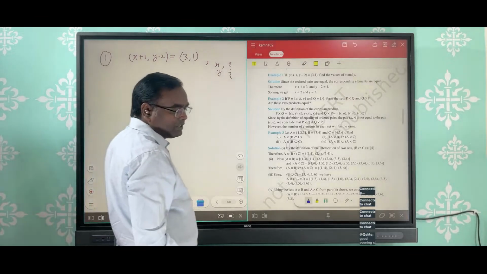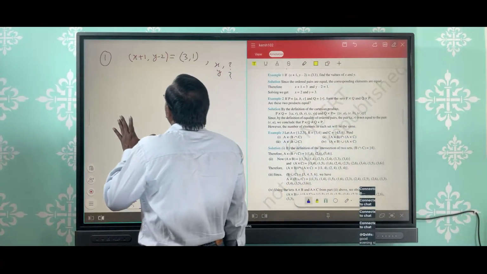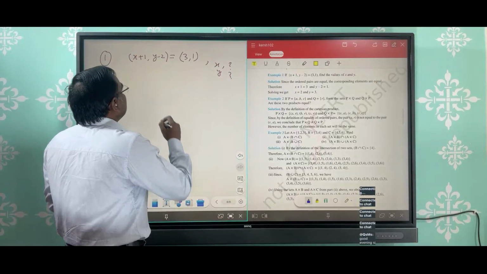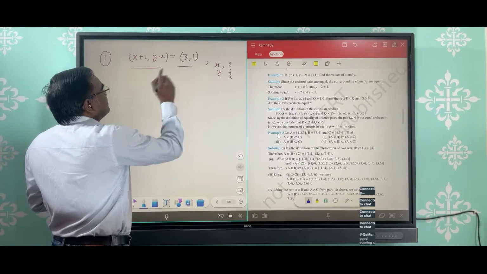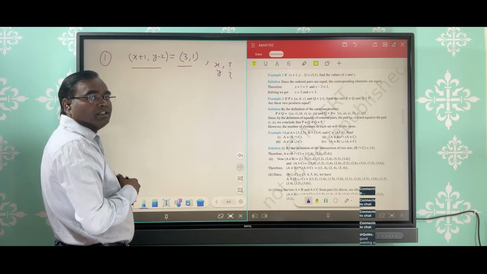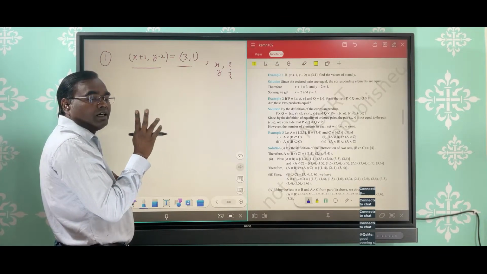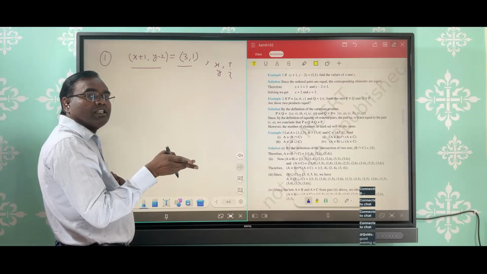Okay, so you are asked to find the values of x and y. You can see that these are ordered pairs. Ordered pairs are equal only if the first elements of both pairs are equal and the second elements are also equal.